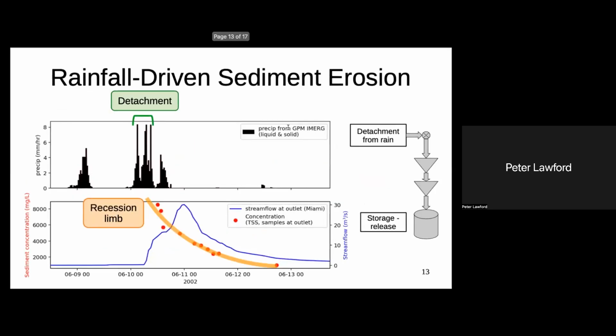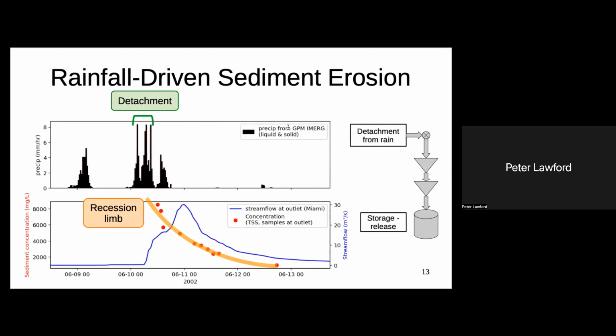And if we look at summer as well, we can see a different paradigm here. We can see the detachment by precipitation, and then there is a recession limb. Basically, the concentration is originally high because of the detachment from the soil, and then it slowly drops down.